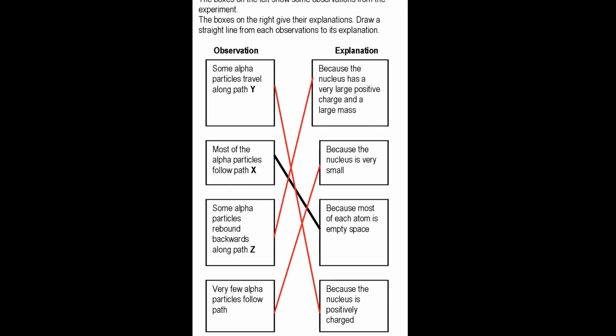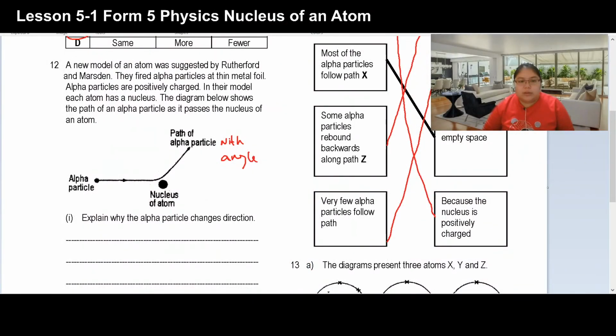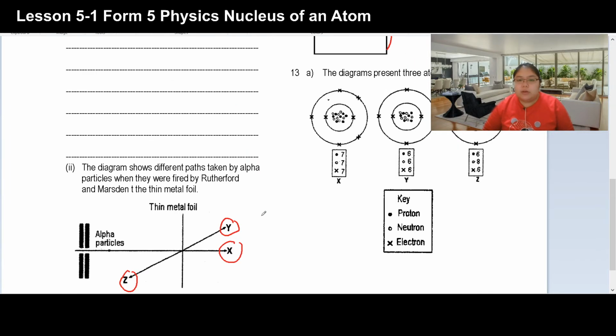Okay, then we continue with the next one. Okay, question 13. The diagram presents three atoms, X, Y, and Z. Okay, we're going to look at the symbols. The dot means a proton. Cross means electron. Okay, if the elements are the same, that means the proton and electron must be the same.